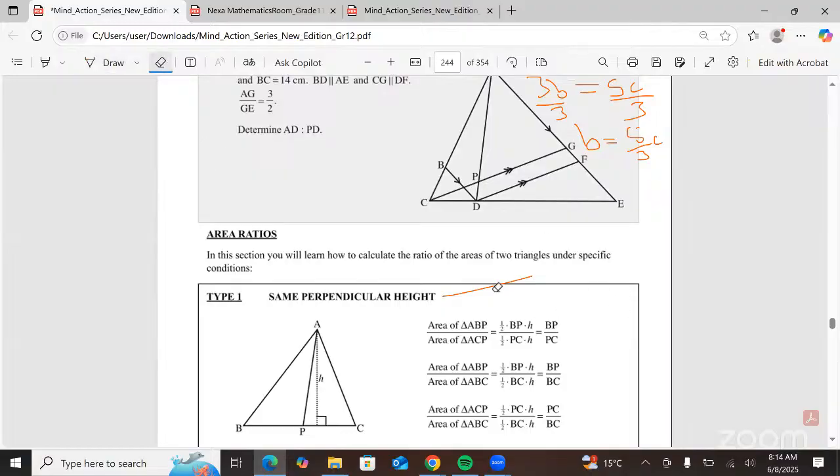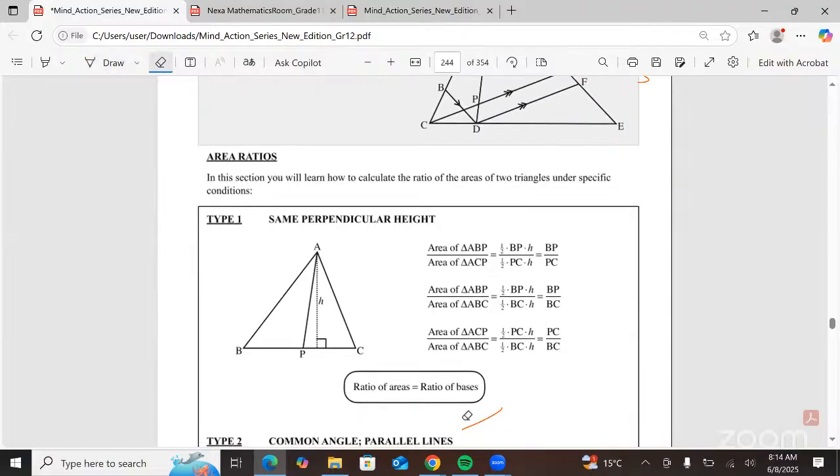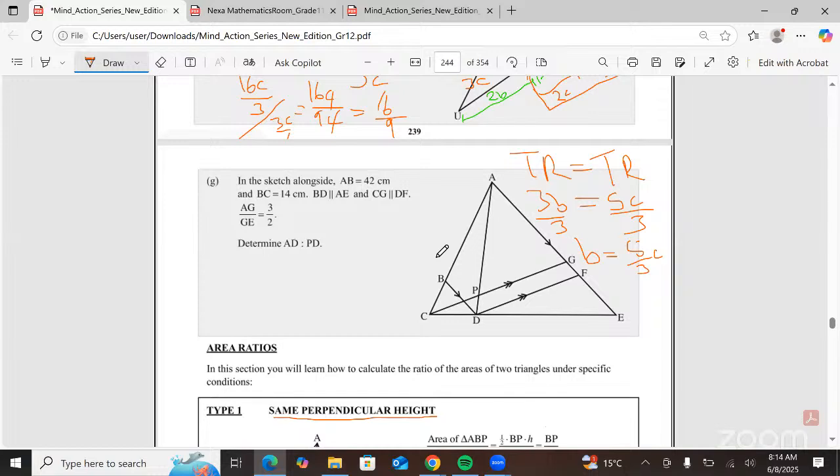So for now let's talk about this type 1. They are saying it's whereby there is the same perpendicular line. Now I've got a question for you guys.